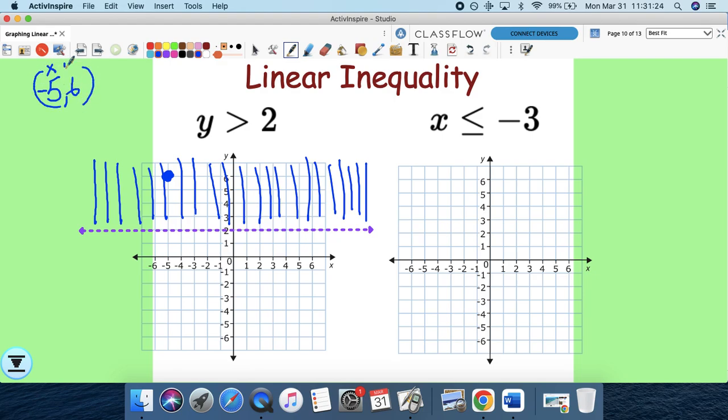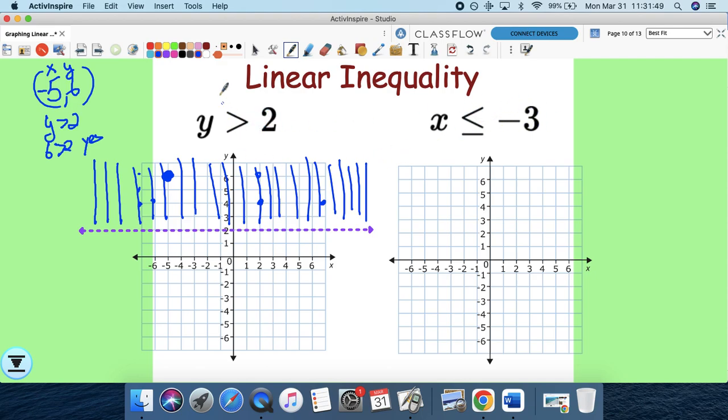This is the x, and this is the y. Let's plug into the inequality y greater than 2. The y value at this point is 6. Is that greater than 2? Yes. And again, you can pick any of these points, and there's an infinite number of points you can pick from, and all the y values will be greater than 2. So that's what y greater than 2 looks like.